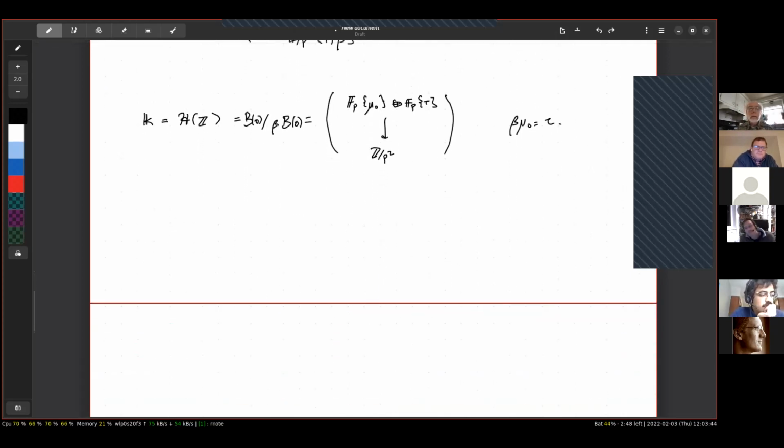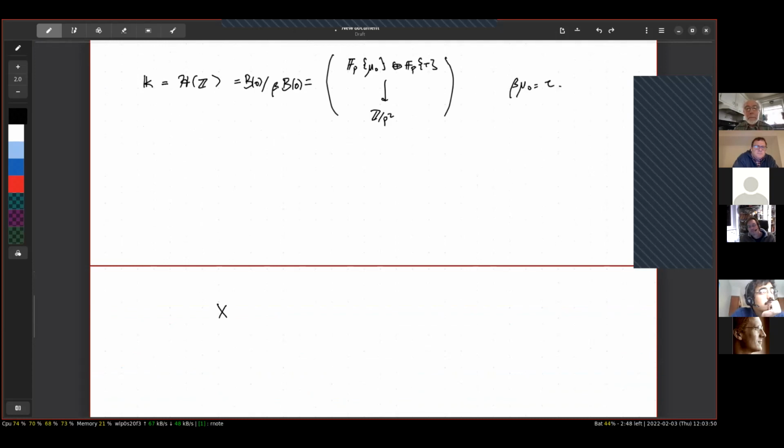Okay, so let's try to look at something more complex, something with two cells. The first thing we might look at, I'll just draw a small table. So it's Z mod P. The cohomology of X, by definition, is just B0 itself.